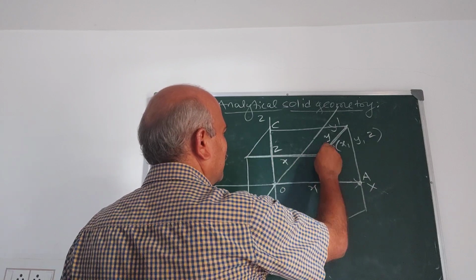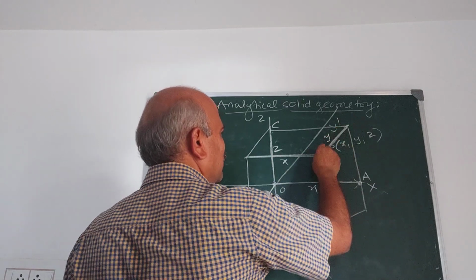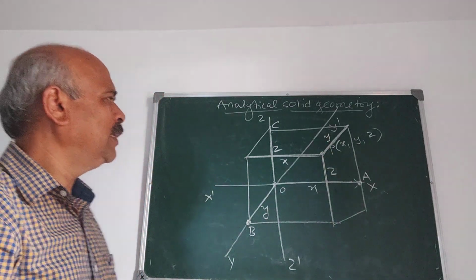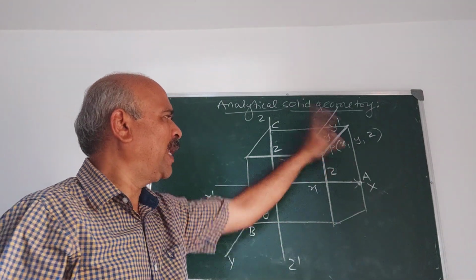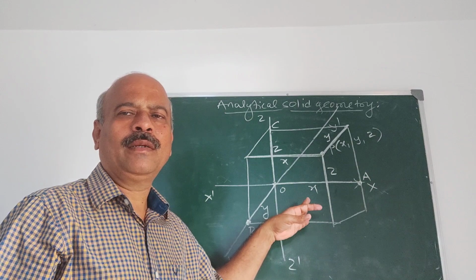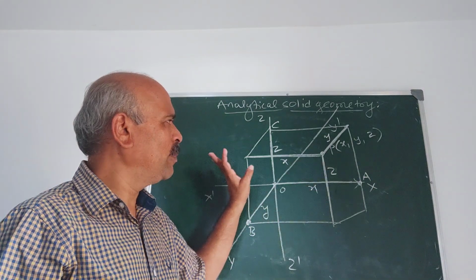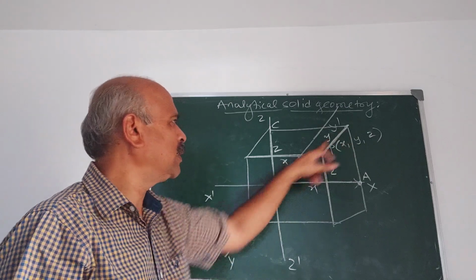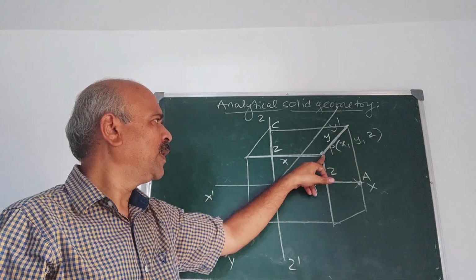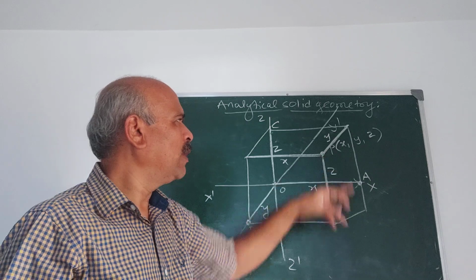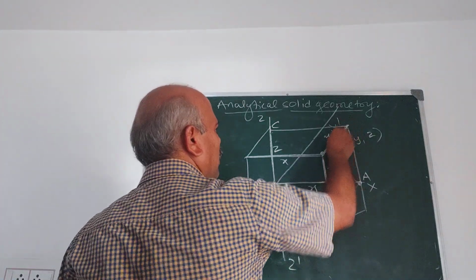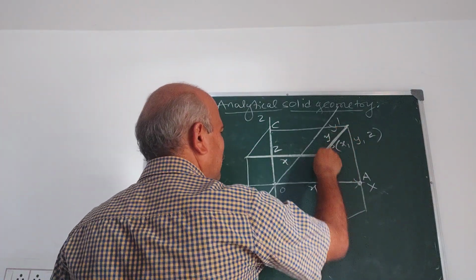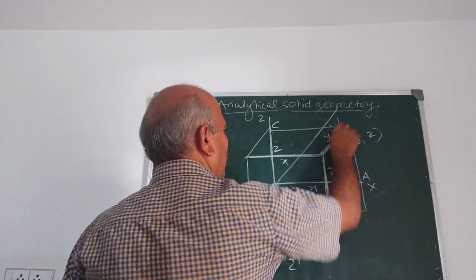This is x, this is z, this is y, because we have drawn a parallelepiped here. Using the edges of the parallelepiped, since these two are the same, this distance is the same. So this is the y coordinate, this is the x coordinate, this is the z coordinate of the point.